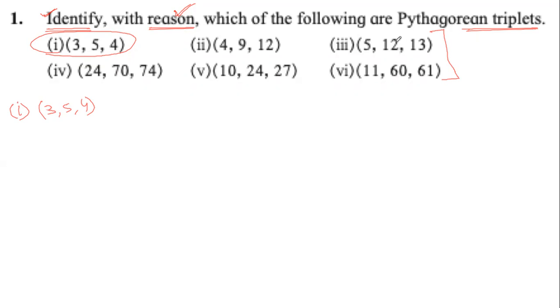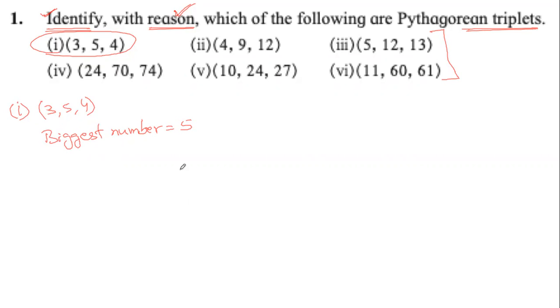Or we can say 3 numbers such that the square of the biggest number is equal to the sum of the squares of the other 2 numbers. So first we have to identify the biggest number. It is 5.